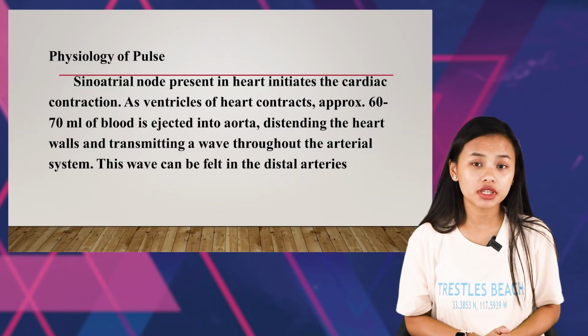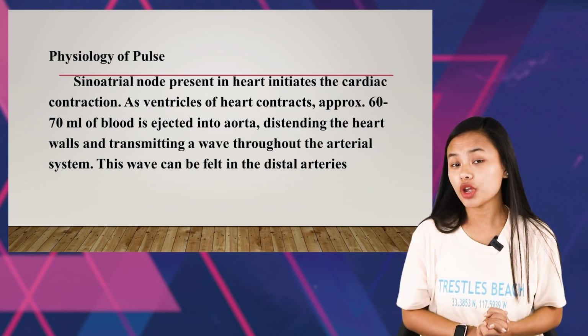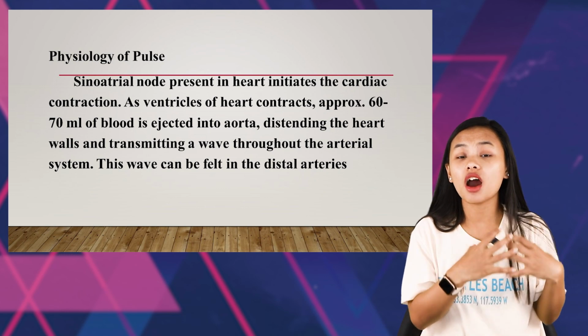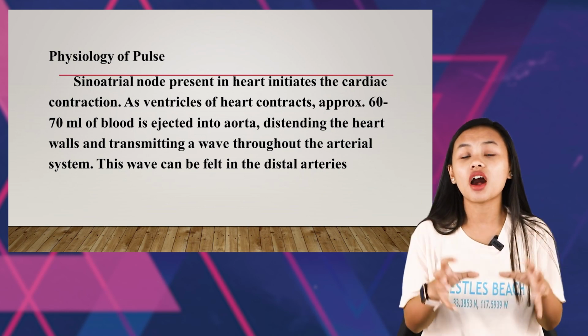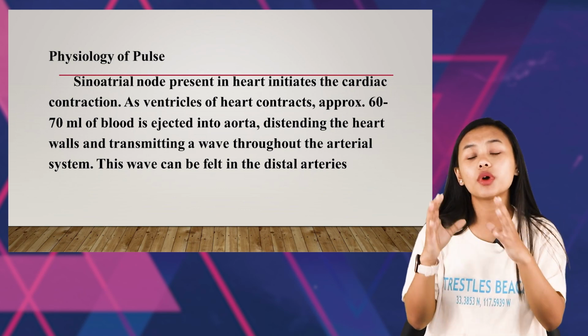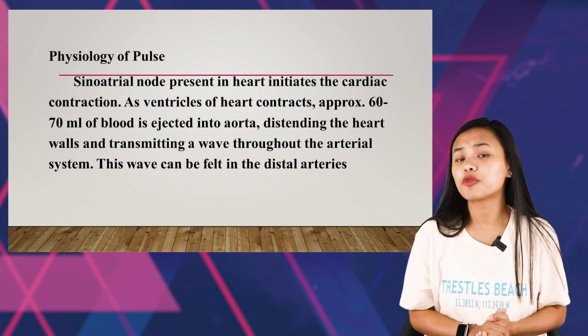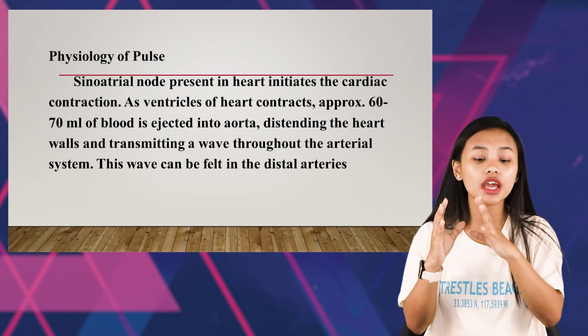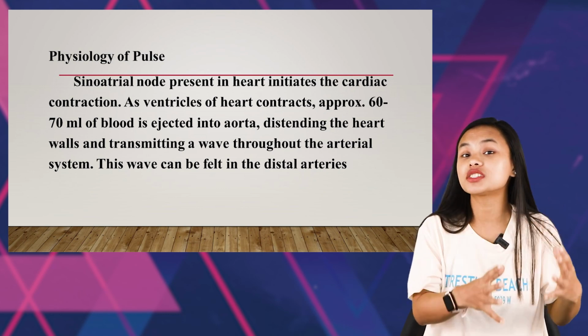So now moving on to the next one, that is the physiology of pulse. Here the sinoatrial node, which is present in the heart of an individual, is the one which initiates the cardiac contraction. As the ventricles of the heart contract, approximately 60 to 70 ml of blood is ejected from the ventricle of the heart towards the aorta.